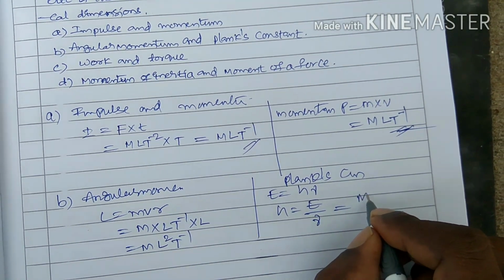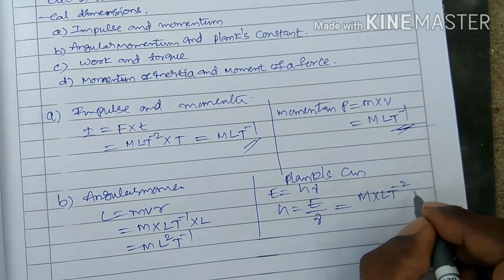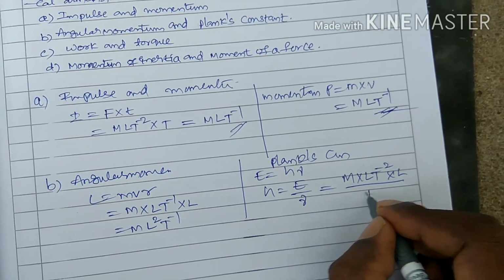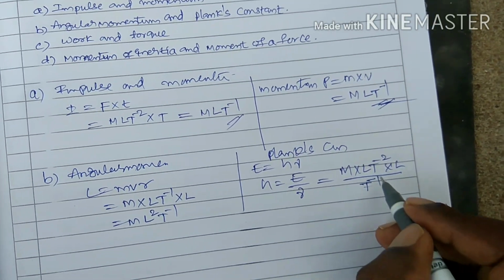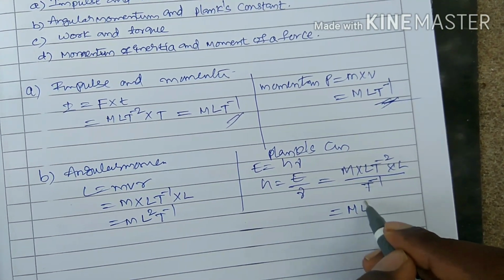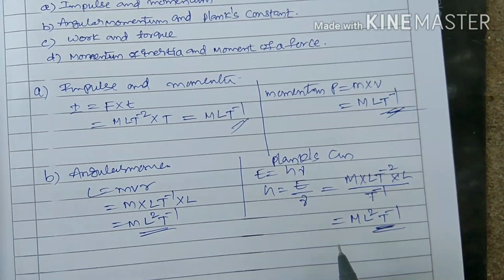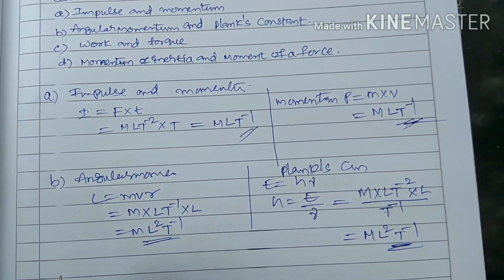That is M L T^-2 into L, divided by frequency, which is 1 by time, so it can be written as M L^2 T^-1. So these also have identical dimensions.